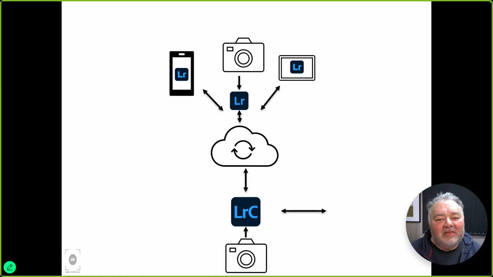But with Classic, and this is why I love Classic, it's a digital asset manager for all types of photography, for all types of photographer. It has virtually every tool that you'll ever need built in from day one.